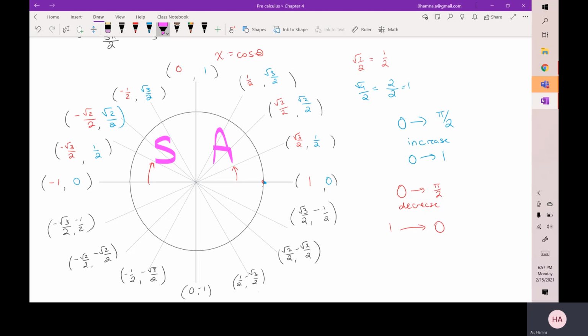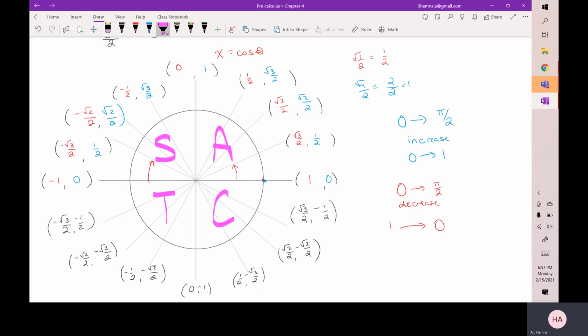In the third quadrant, we have negative sine and negative cosine due to our negative x and y values, but because of those like signs, tangent is going to be positive. And then lastly, in our fourth quadrant, cosine is going to be positive due to that positive x value.